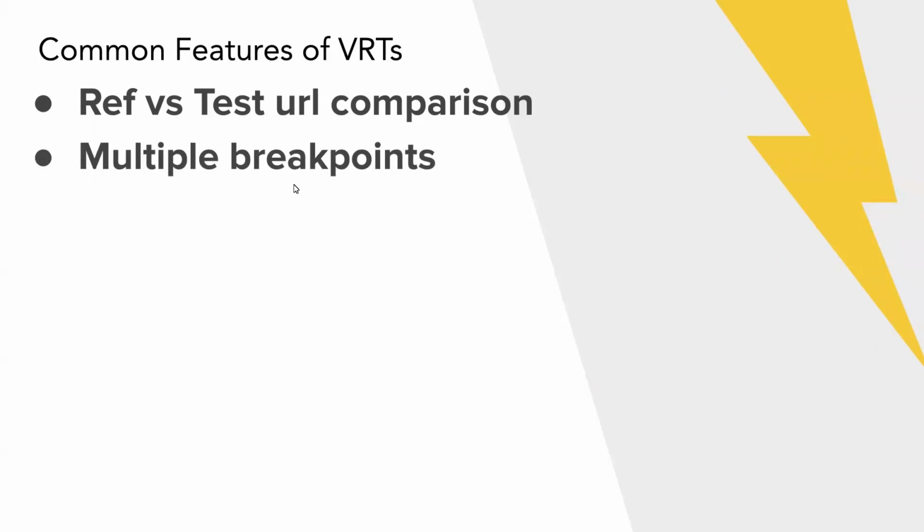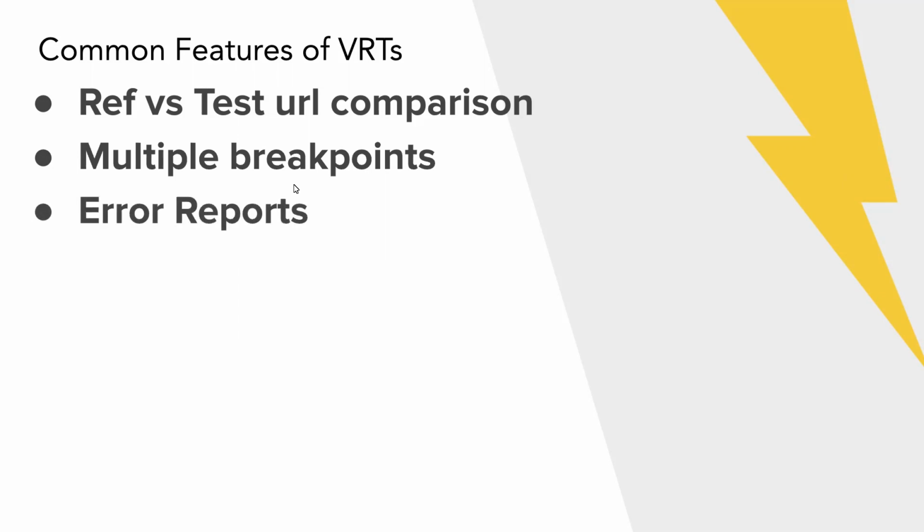And you could also set multiple breakpoints. Let's say you want to test against mobile, which is, let's say, 380 by 520. If you want to test with desktop, 1280 by 1200. You can set multiple points in your setup.